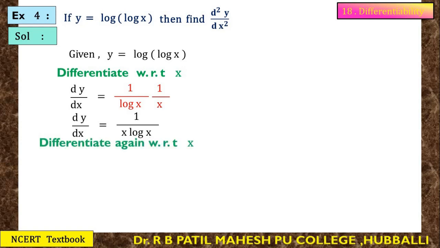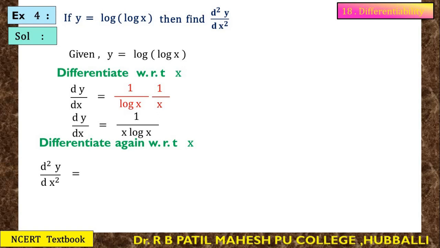Differentiate again with respect to x. So the left side becomes d square y by dx square equal to, now this function I differentiate using the division rule, that is, the quotient rule.